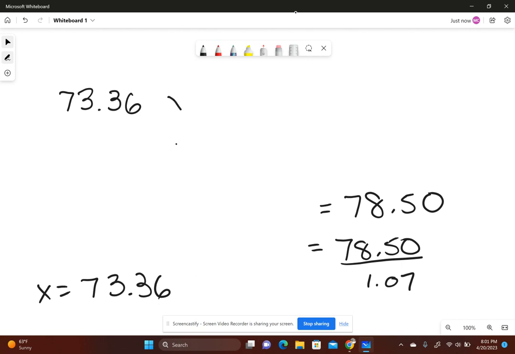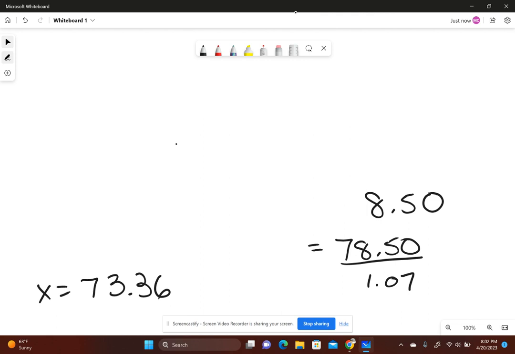You had to pay 7% sales tax. What would it be? So now let's multiply 73.36 times 1.07, and we get 78.50. So we know we did it correctly. Okay?